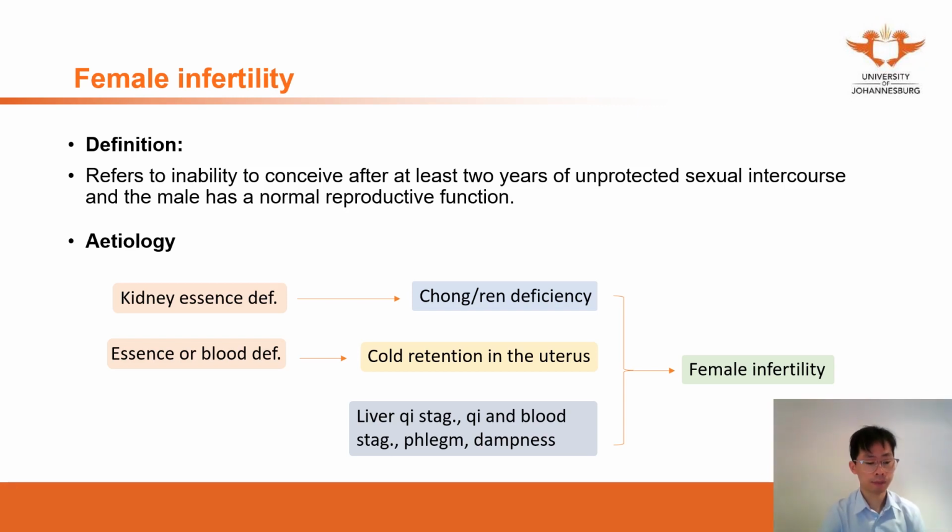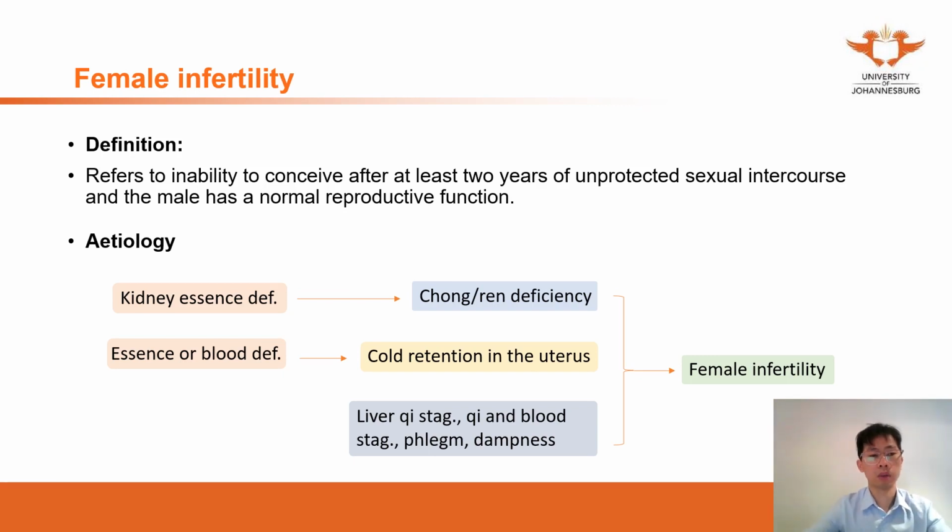In Huangdi Neijing, the authors propose that kidney qi takes responsibility for fertility issues, and this also can be reflected in menstruation.